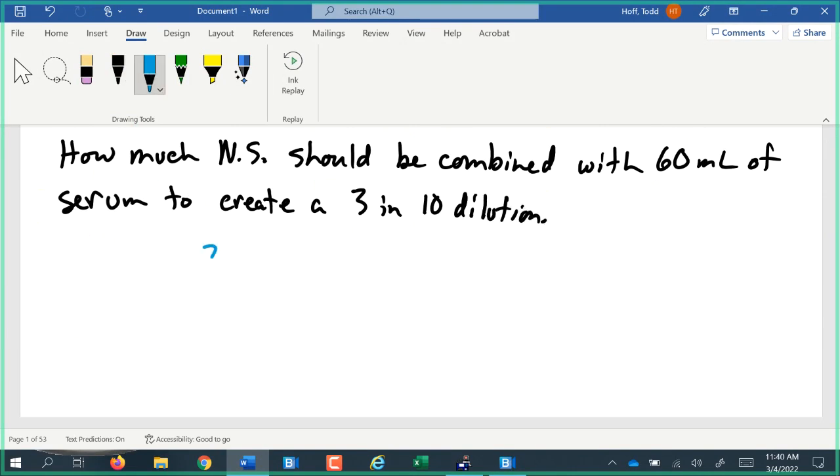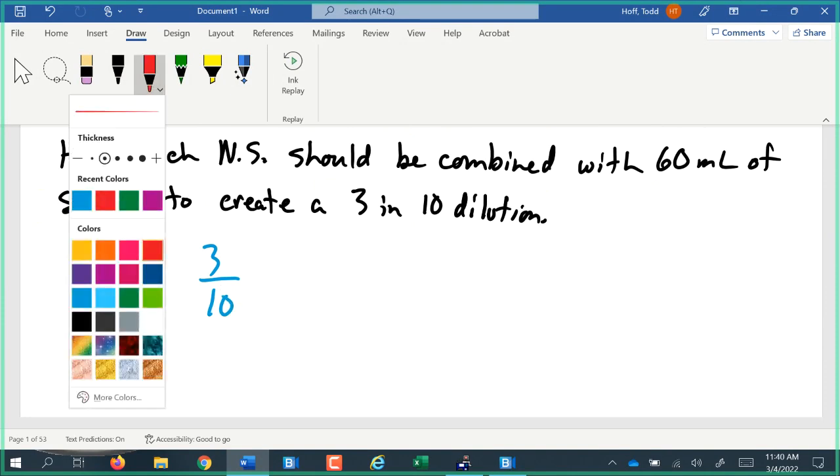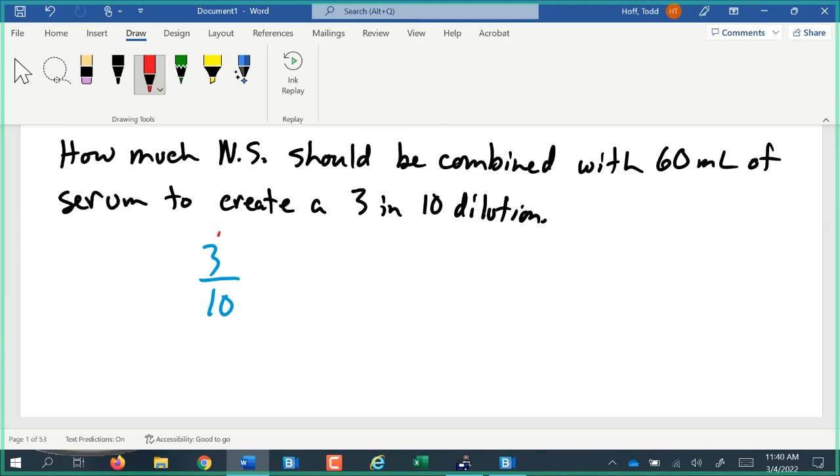So here the dilution, 3 in 10, and once again I'm going to label it. I know it gets repetitive after a while, but the 3 represents the parts of serum, and the 10 represents the total solution, total part solution.